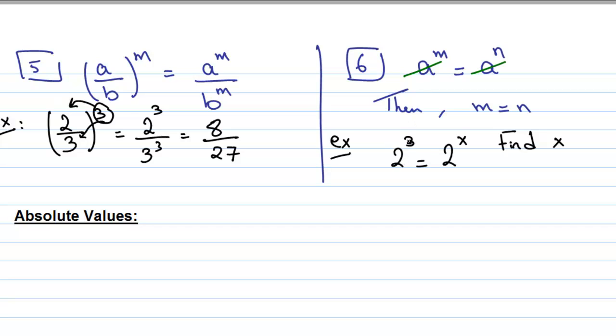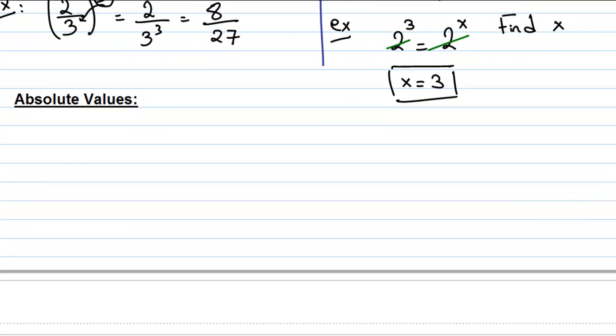We have 2 to the power 3 equal 2 to the power x. So the first thing you check, do you have the same base? Yes, we have the same base. We have an equal sign in the middle. So I'll cross out 2 from both sides, and I'll just write 3 equal x, which means x equal 3. So x here equals 3.